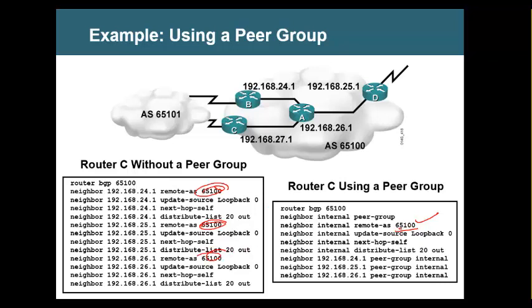All 3 neighbors with this, and all 3 neighbors with the update source loopback 0, all 3 neighbors with the next hop self, all 3 neighbors with some distribution list for out filtering. So I put all of them in one template called internal. That's the name given by you to identify the peer group. It can be any name, okay?